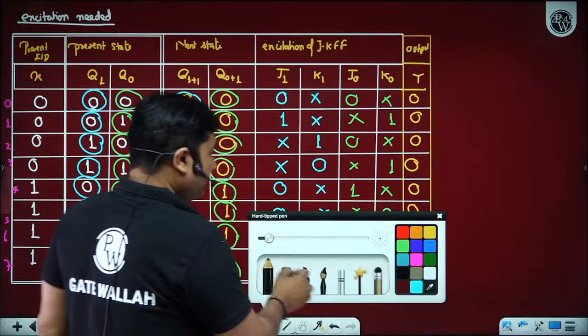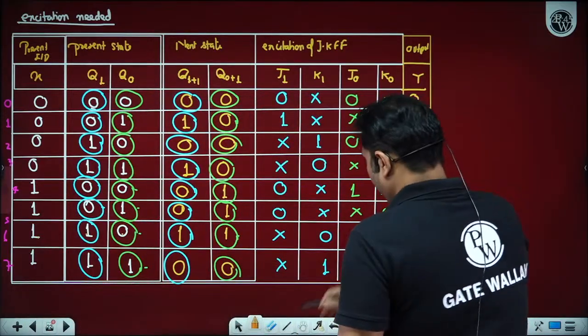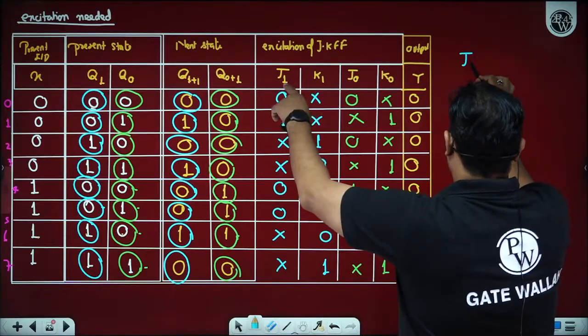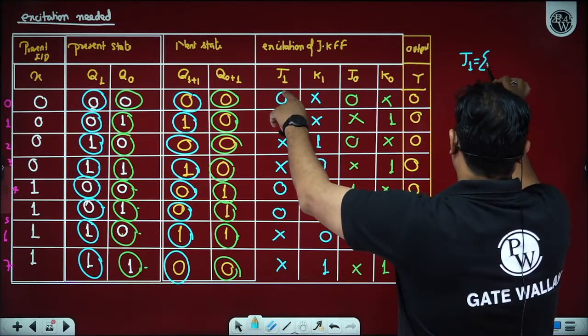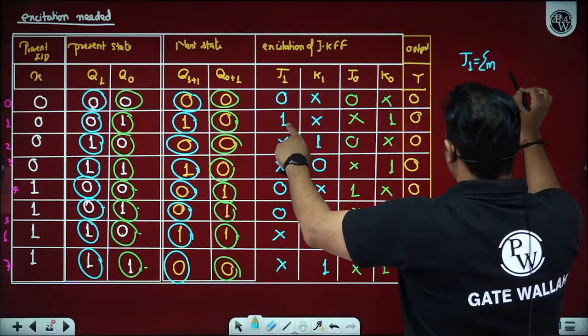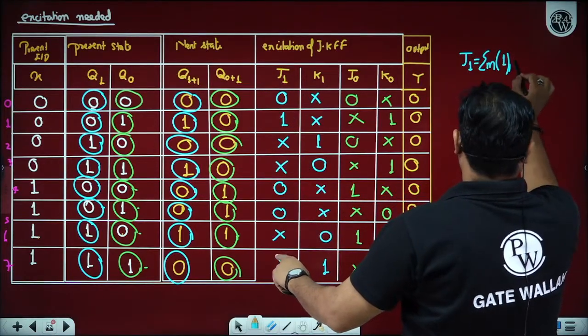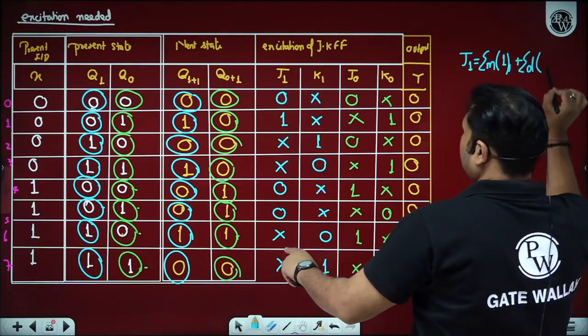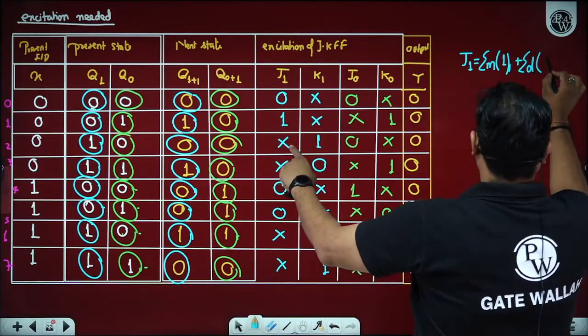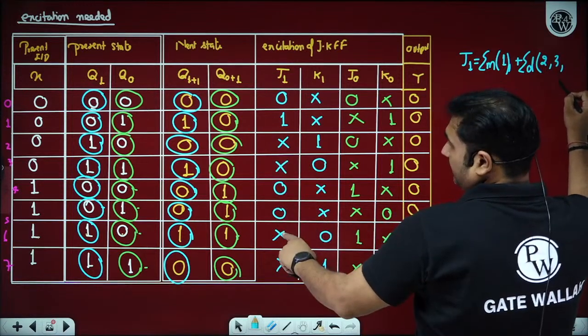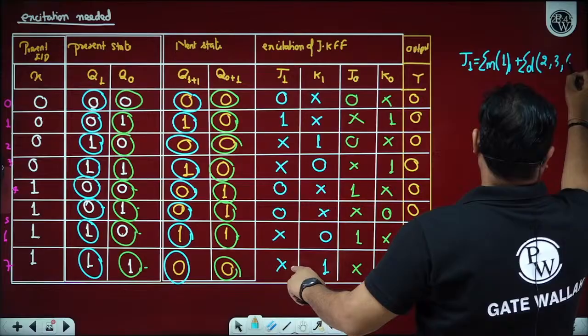Now please observe, beta ji. If you are writing the logical expressions required, excitation required on J1, what are we getting? Summation of m, where we are getting high, binary of 1, and don't cares are at 2, 3, 6 and 7.